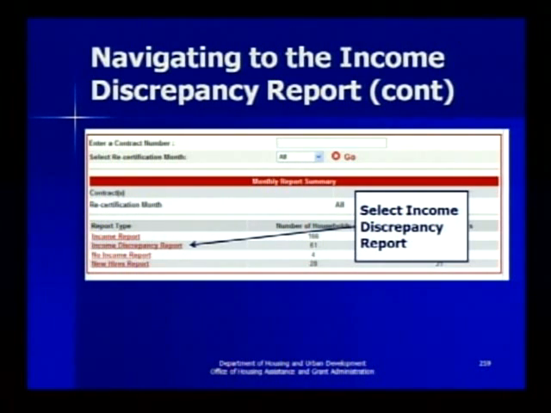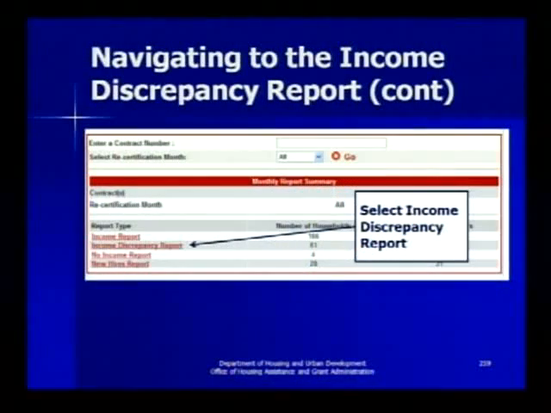By entering the contract number, and in this case we listed for all months, this screen comes up showing, as we went through before, your income report, income discrepancy report, no income, new hires, those items Diane just spoke about, but we're discussing the income discrepancy report.